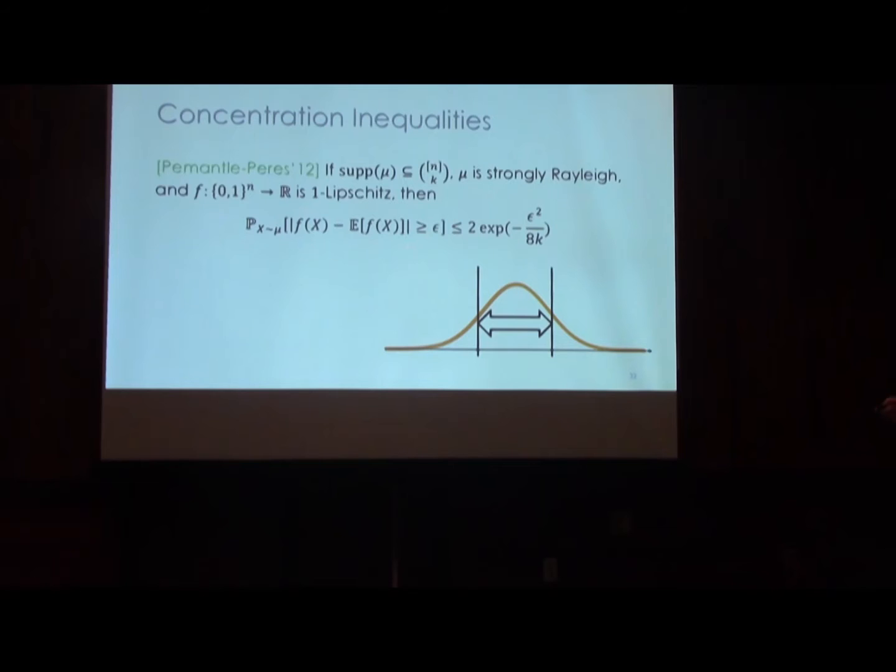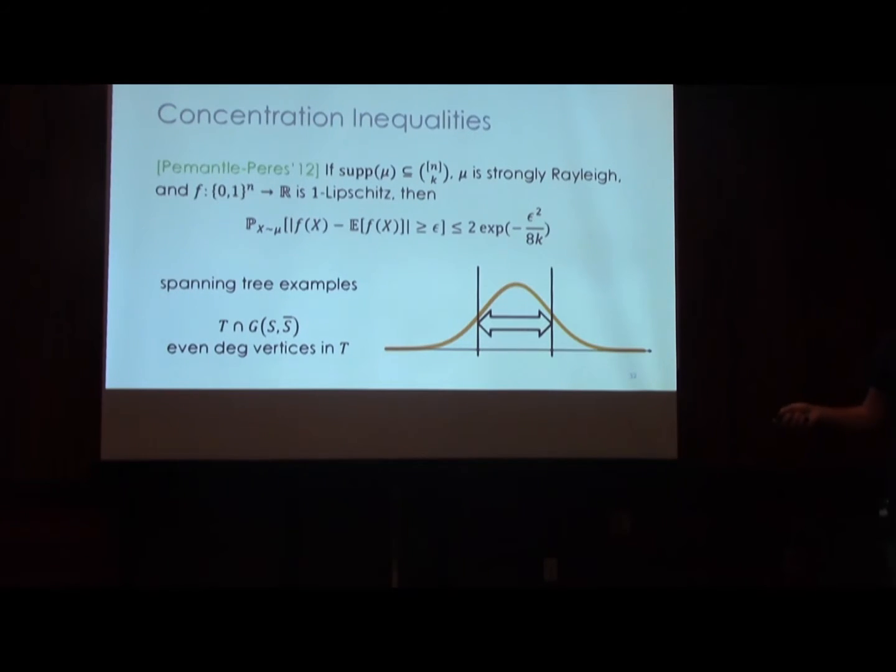So it's concentrated around its expectation, and this is the tail probability. So, for example, using this result, you can prove statements like this, which are highly non-trivial if you weren't using this machinery.